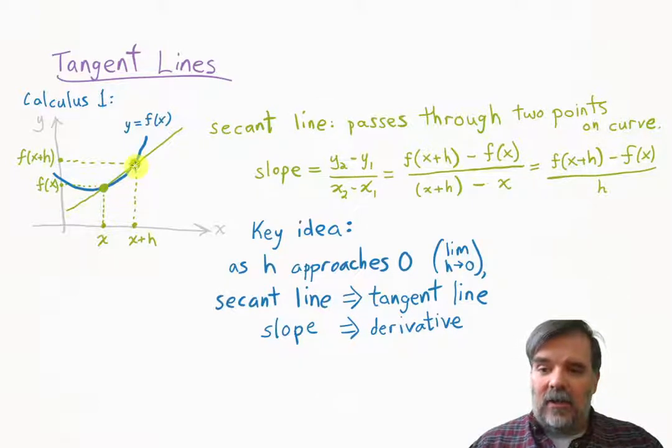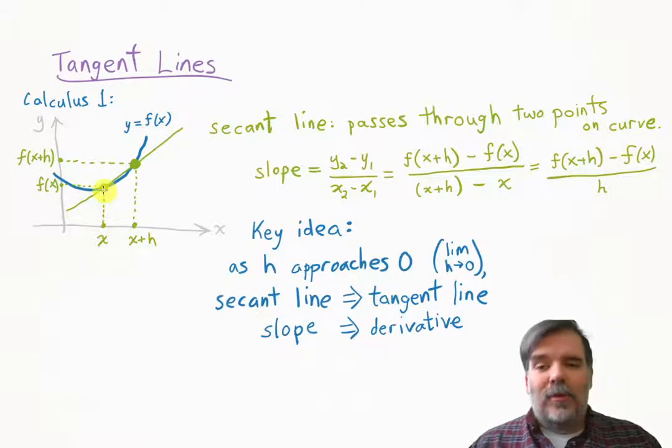And so as h gets smaller, this point moves closer and closer to that point. And the slope of this line will approach the derivative of the function at that point. So then we'll be left with a tangent line. It's a line which intersects a curve at this one point, and the slope of that line is equal to the slope of the curve at that point.